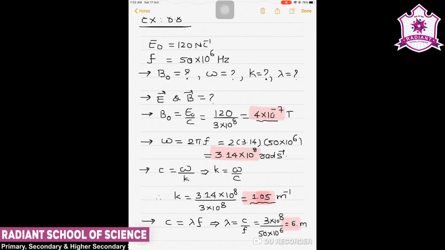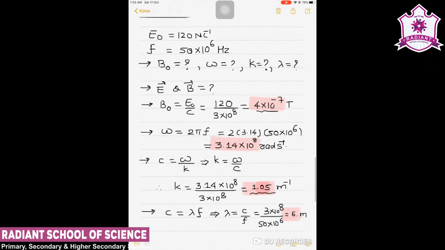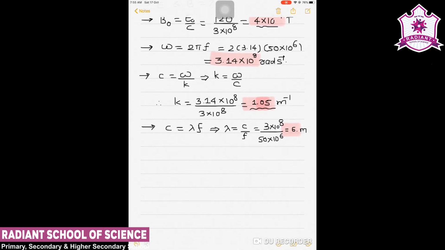Now we are asked to find the expression of E0 and B0. So as the equation is given, find the expression for the E and B for the given condition.